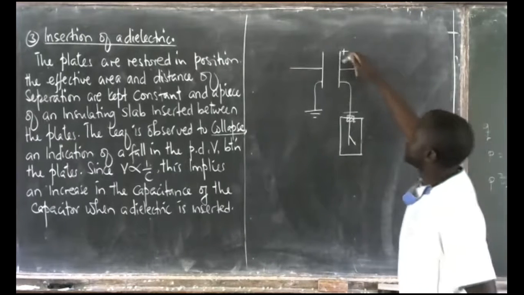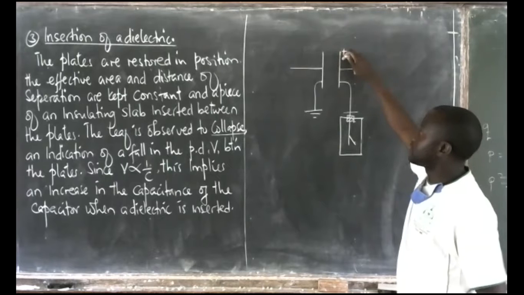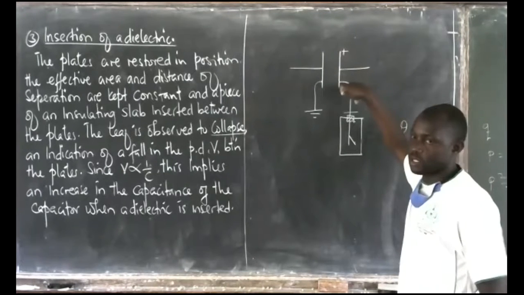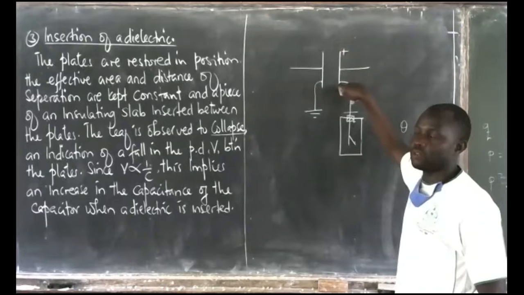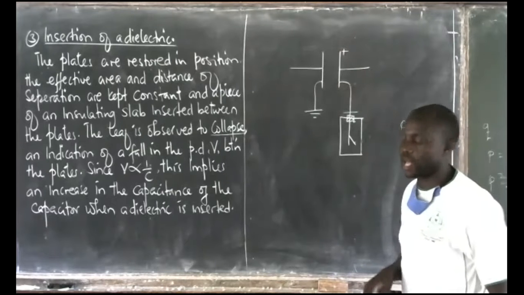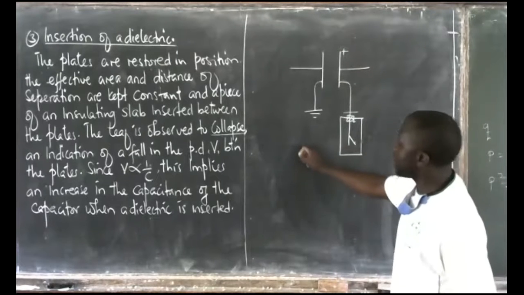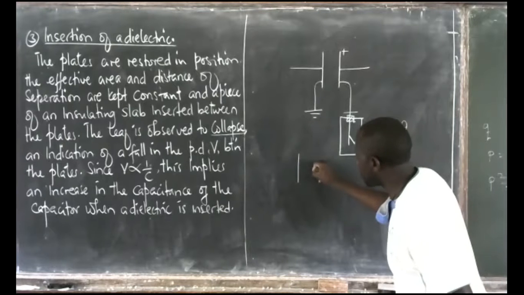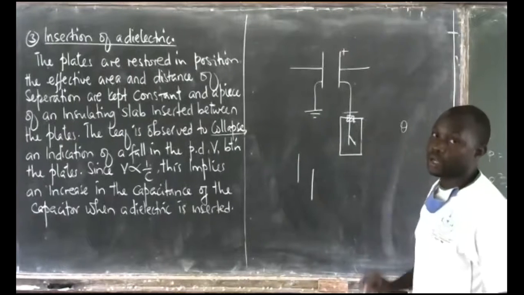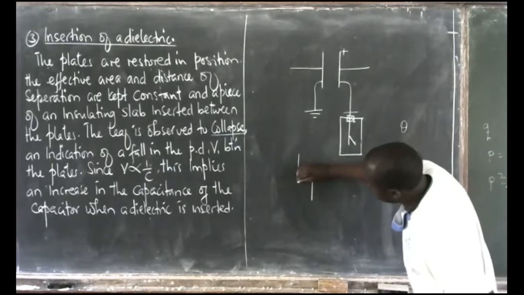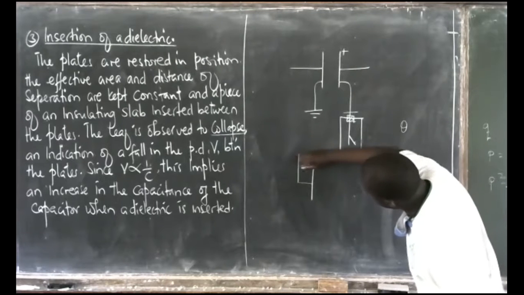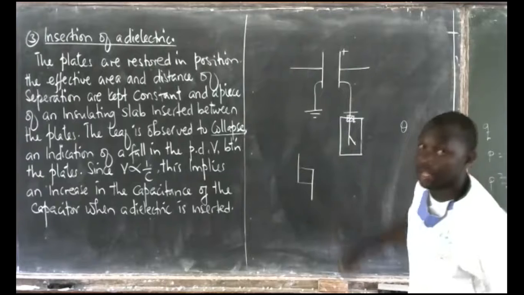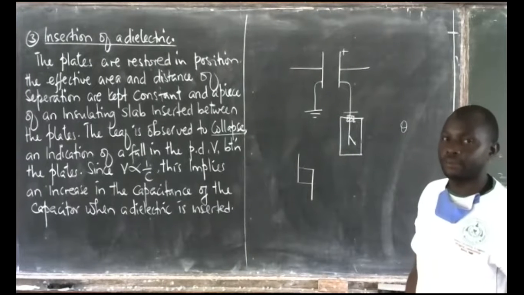Now we slide one of these plates vertically upwards or vertically downwards. The essence is to reduce the effective area. I keep one constant, but I slide this one, say, downwards. What I'm calling the effective area will only be this part now. Only this part of the plate and this part of the plate are the ones forming a capacitor.